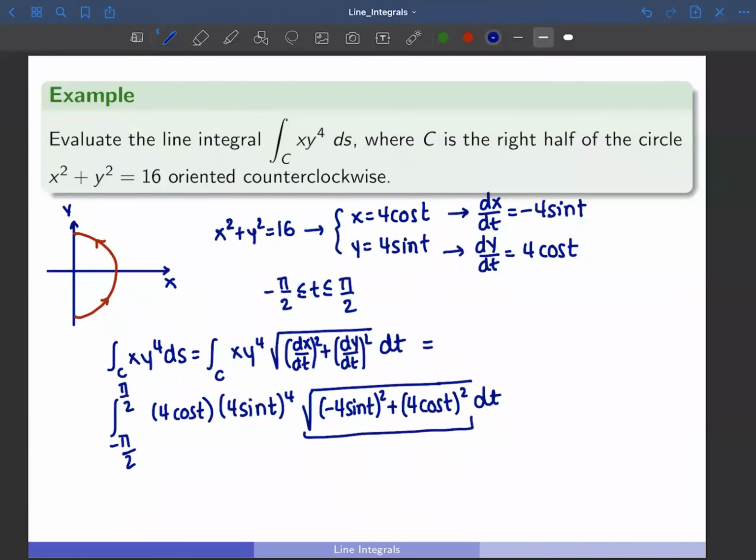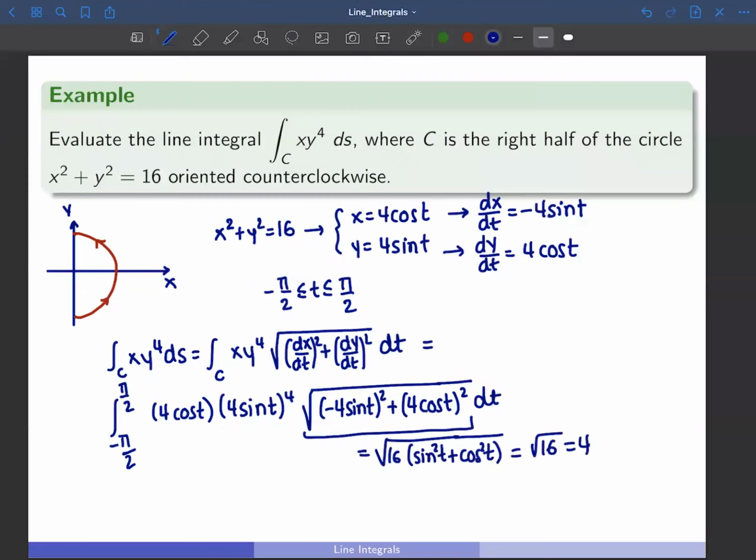And all the square root here is equal to the square root of 16, which is a common factor from the two terms that we have, times the sine squared of t plus cosine squared of t from the two terms. This is equal to the square root of 16, which is equal to 4.